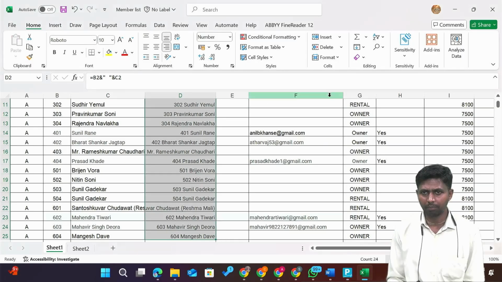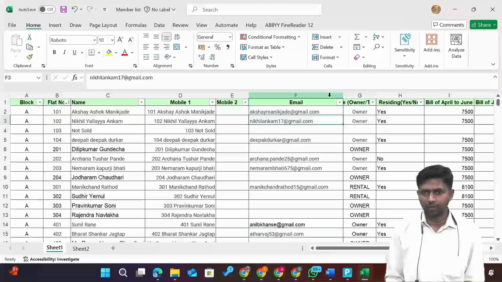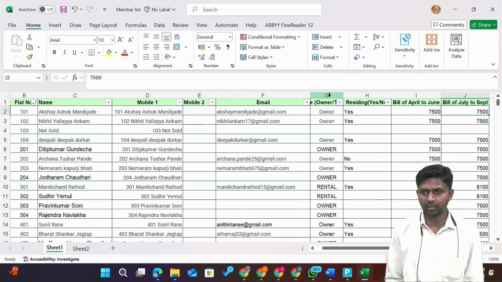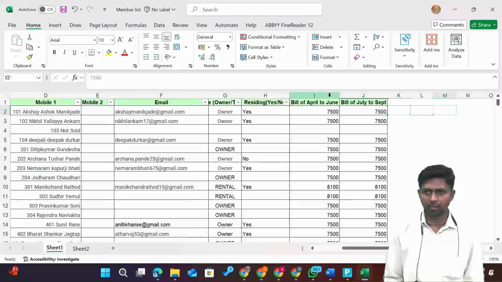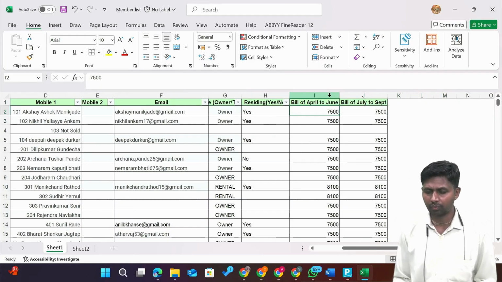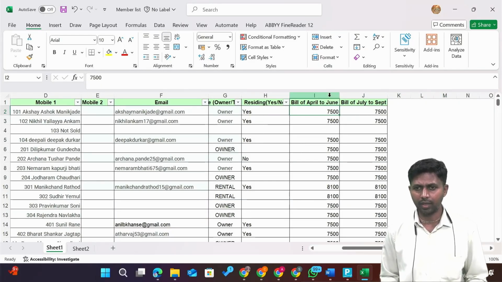Now in the members list, you will find that each is either the owner or the tenant. For the owner, maintenance charges is rupees 2500 per month, and for the tenant, that means the owner who has given the flat on rent, for that owner 8100.